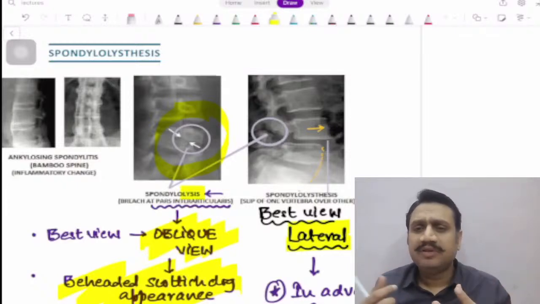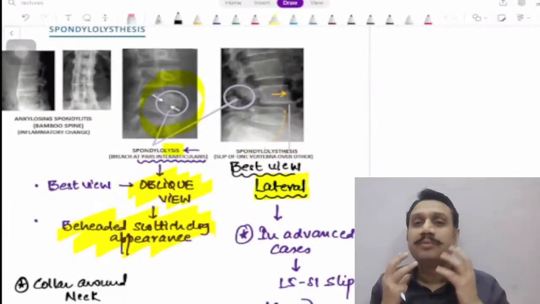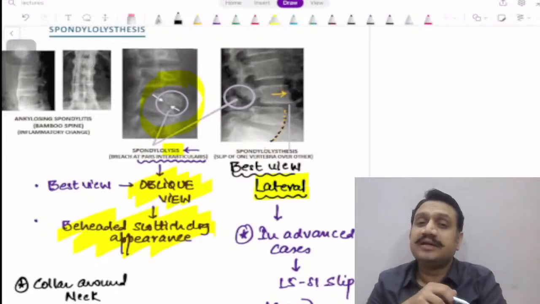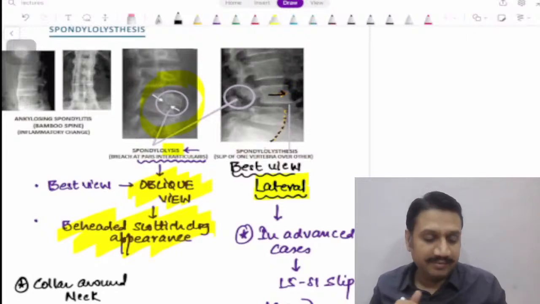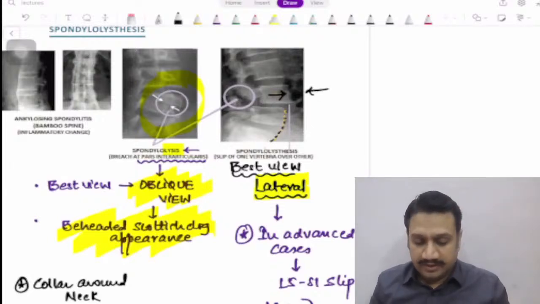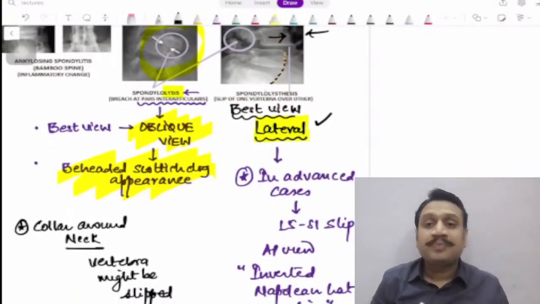Sometimes they mention in your MCQ bank that there is a collar. Collar means there is a gap between the head and the body, and that might be representing your listhesis. For listhesis you should always remember the best view required is always a lateral view.